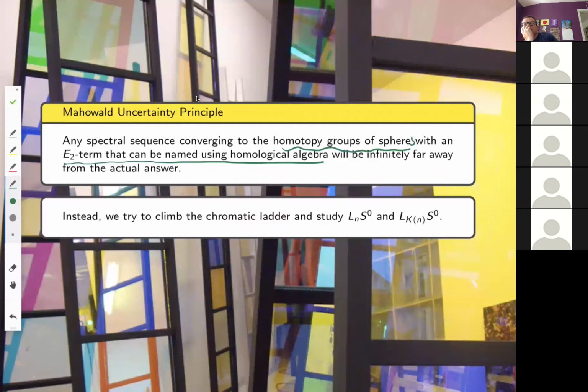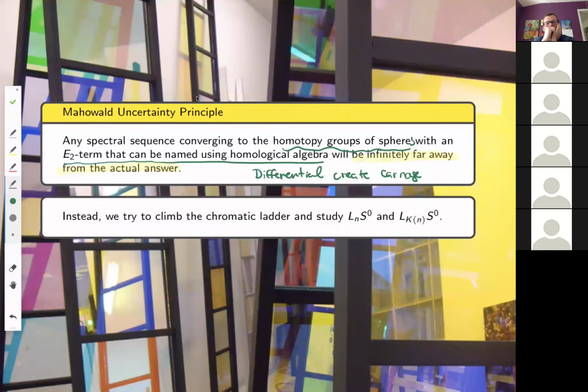So if you're in this situation, then this E2 term will be infinitely far away from the actual answer. So that means that the differentials, these things that are killing things that shouldn't be there, I like to think of it as they create carnage. There are just so many of them, and that's that.